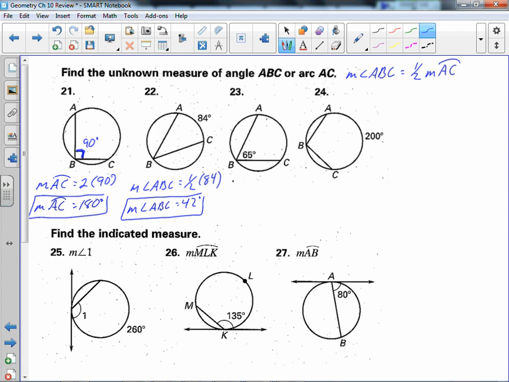23, you got angle ABC given to us as 65 degrees, and so the arc we know should be twice the measure of the angle. So the measure of arc AC will be 2 times 65. So the measure of arc AC equals 130 degrees.